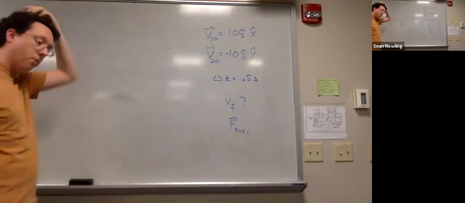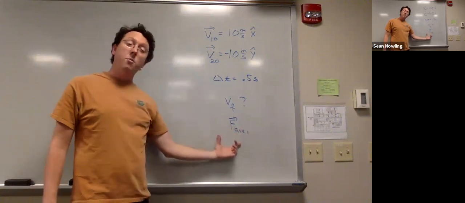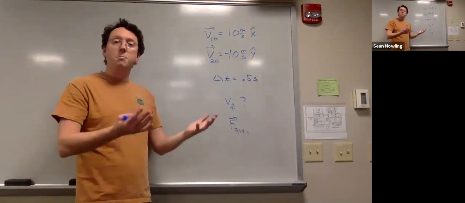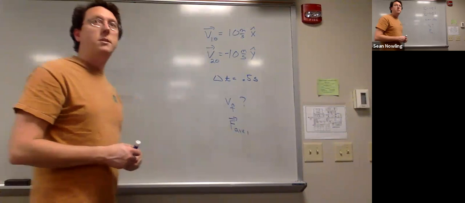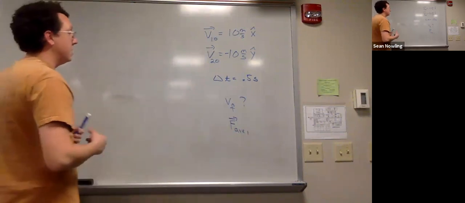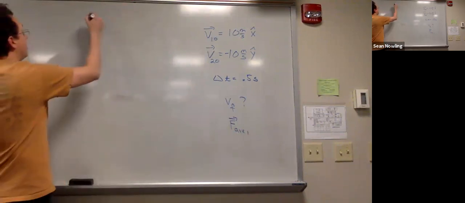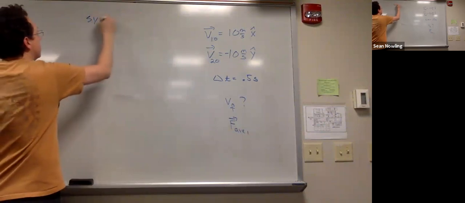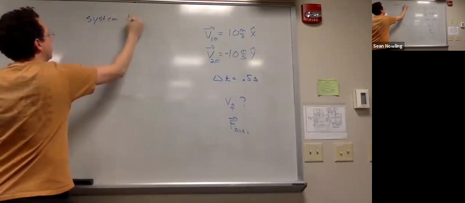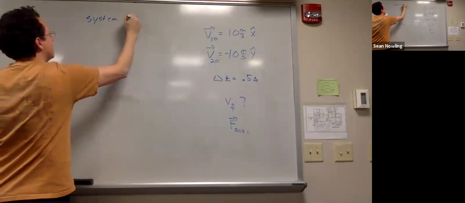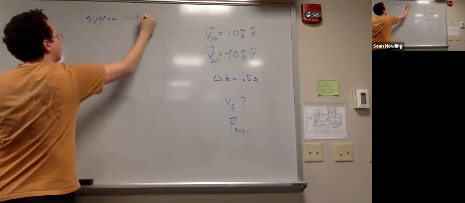All right, as before, since at the beginning I don't know about forces, I'm going to make the system be the pair of them. And that allows me to get around any missing information. So the system is 1 and 2.